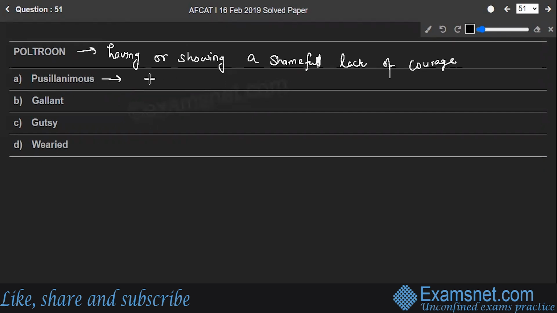It means, again, the same thing, showing a lack of courage or determination, or timid, you can say. Then is the word gallant. Gallant means... okay, the next one is gutsy, the gallant.